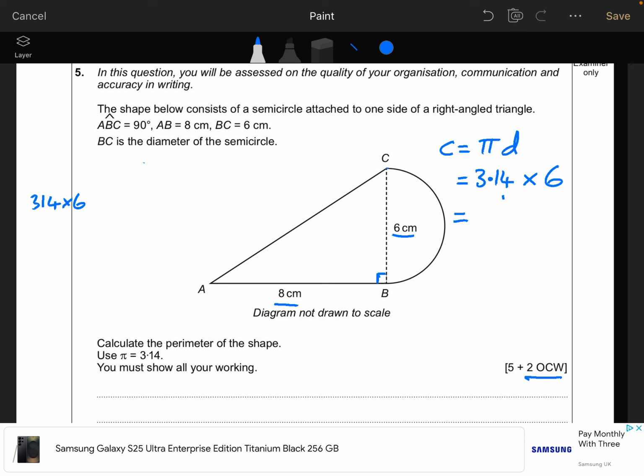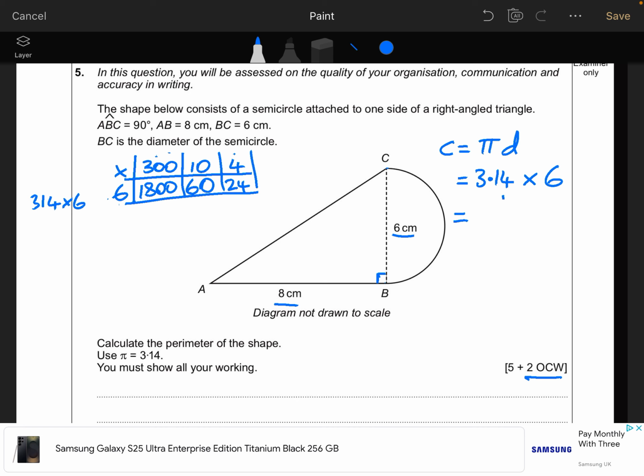Using the box method, that will be 300 and another 10 and another 4, which is 314, and we're going to times that by 6. So I have 6 times 3 is 18, and there's 2 zeros. 6 times 10 is 60, and 6 times 4 is 24.